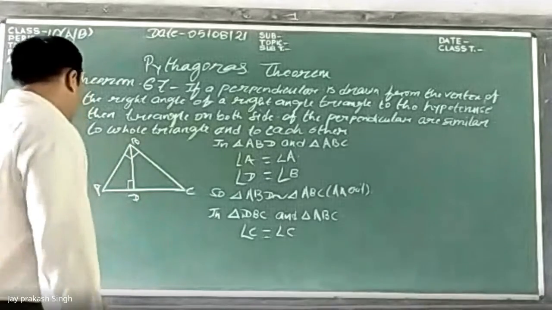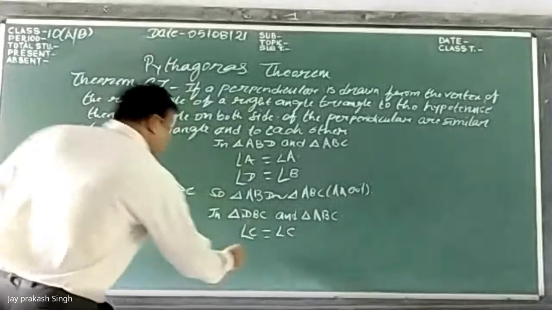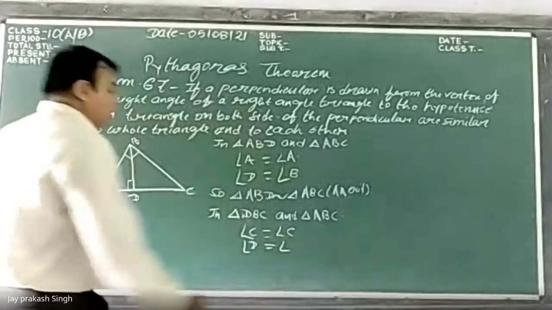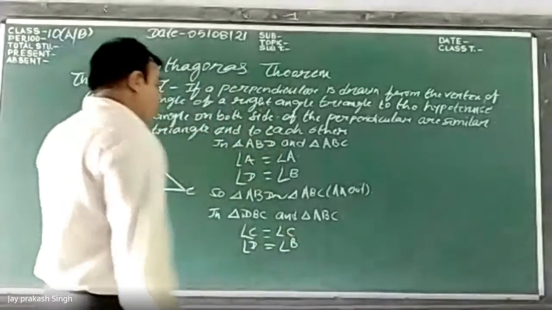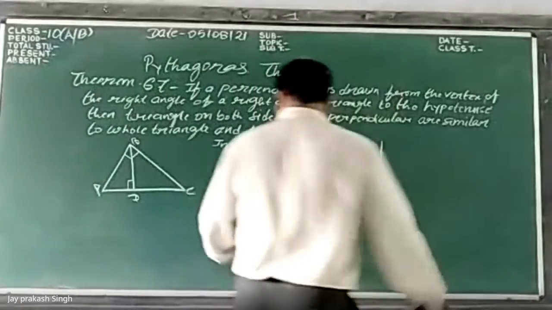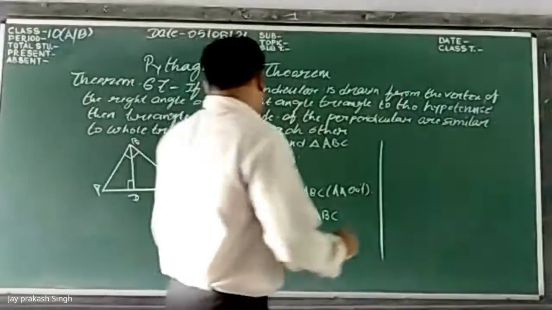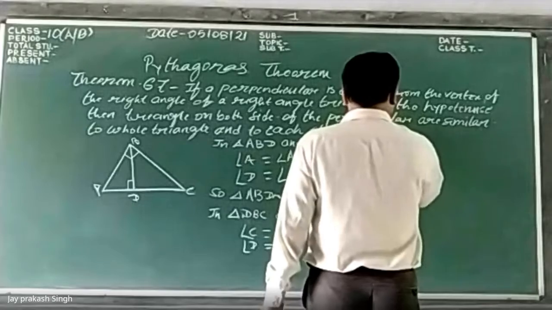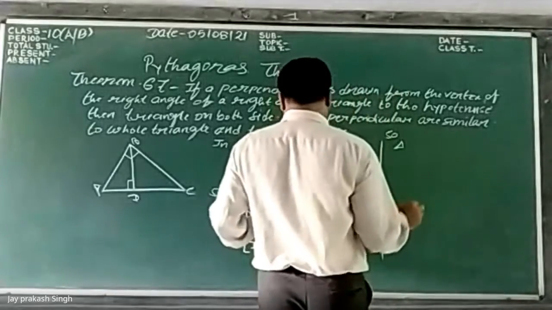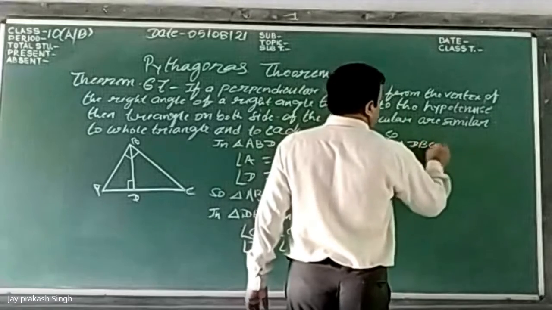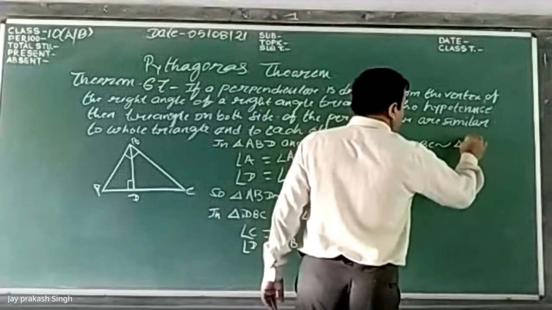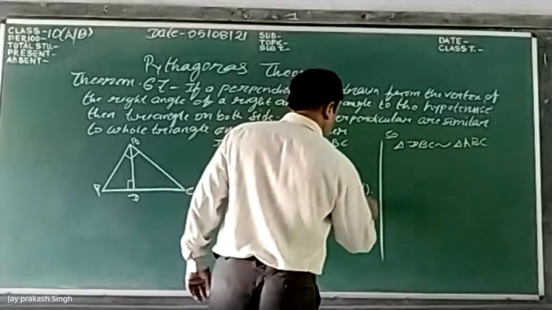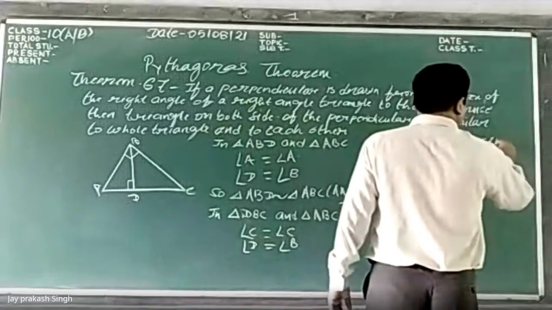Angle D of DBC is 90 degrees, and angle B of ABC is also 90 degrees. So triangle DBC is similar to triangle ABC by AA criteria. Let us call the first result 1 and this one 2.